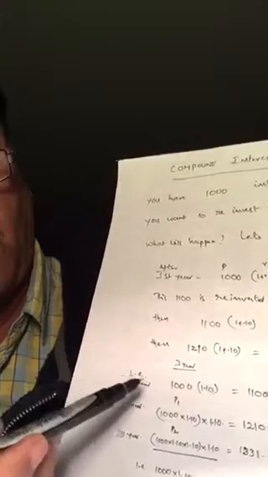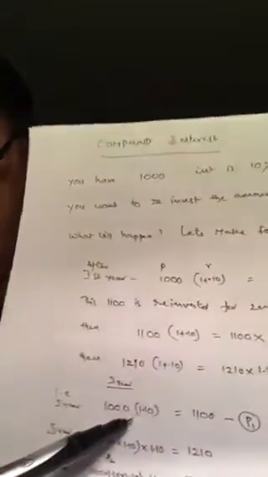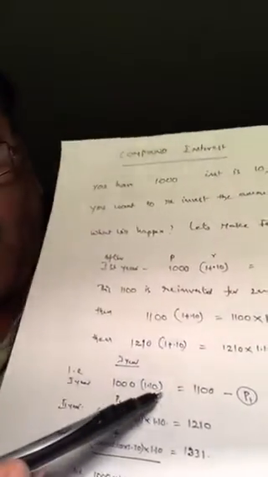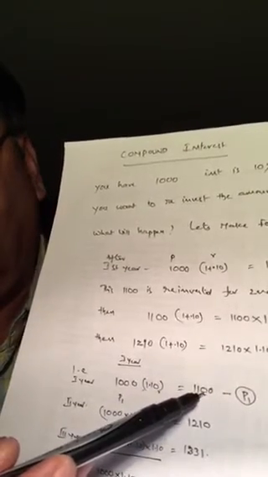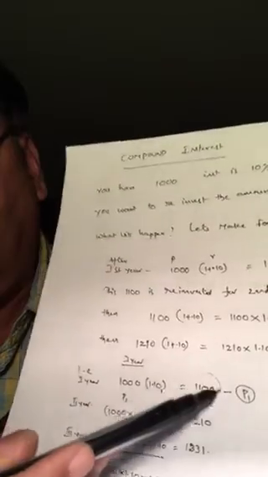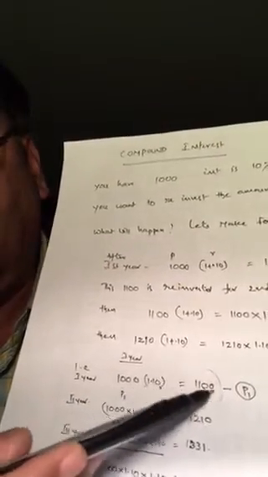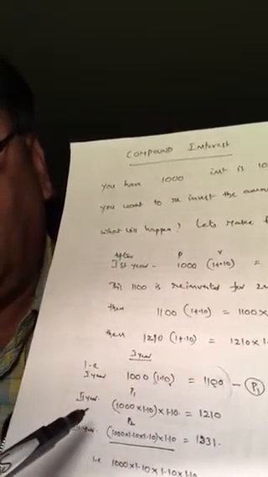Now let us arrive at the compound interest formula. You see here, in the first year we take 1000 rupees principal and 1.10, so it becomes 1100. Now this 1100 becomes the principal for the second year.